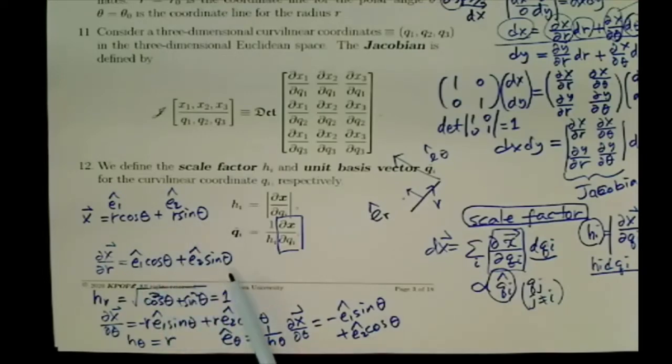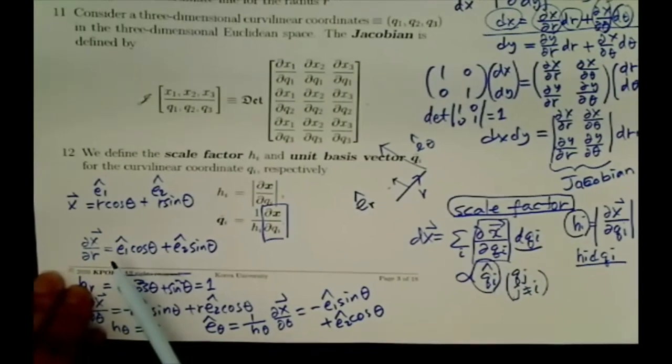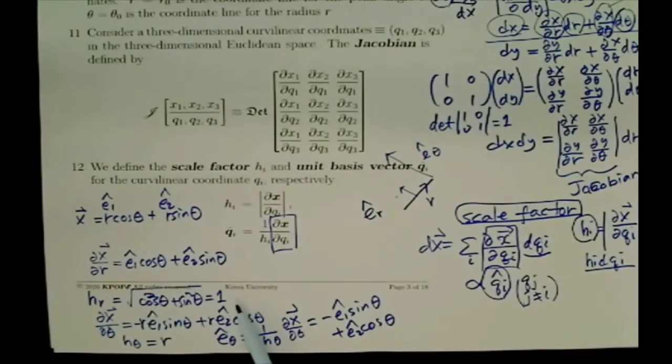This is a vector along the radial unit vector. h_r is the magnitude of this vector, so h_r is the square root of cosine squared theta plus sine squared theta. So h_r is 1. Radius has the same dimension as length. The scale factor is 1.